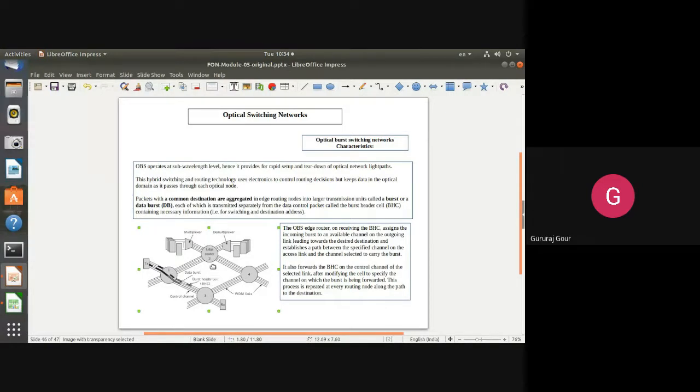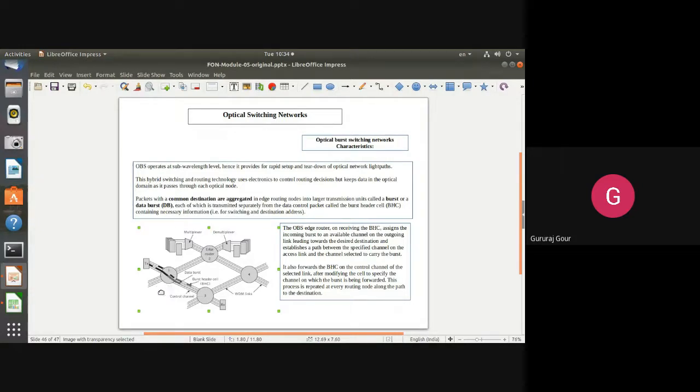Each edge router is assigned one such group of packets having the common address, which are known as a data burst, DB. Each of which is transmitted separately from the data control packet called the burst header cell, BHC, containing the necessary information.